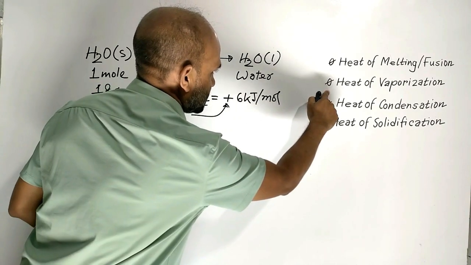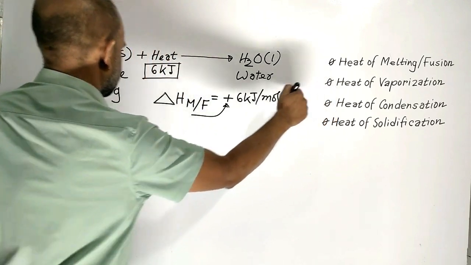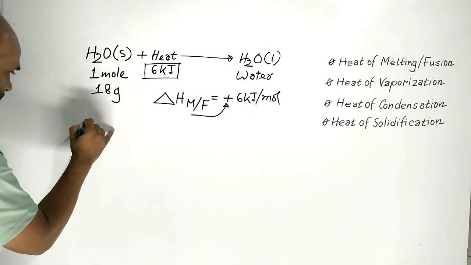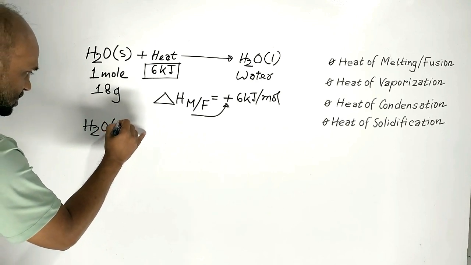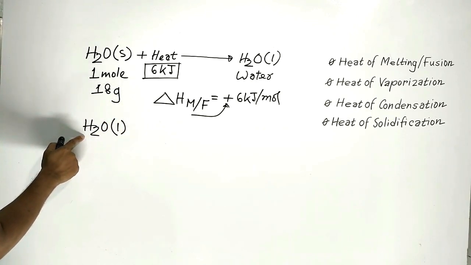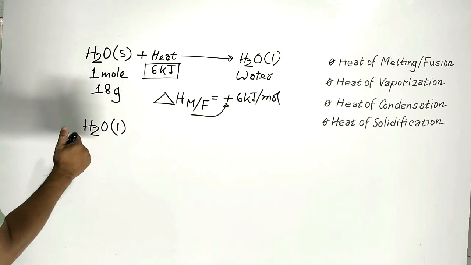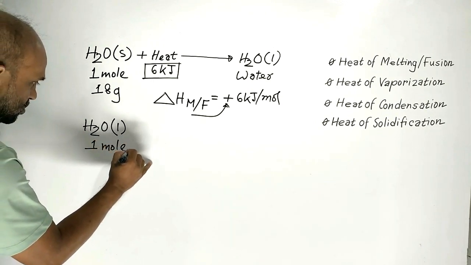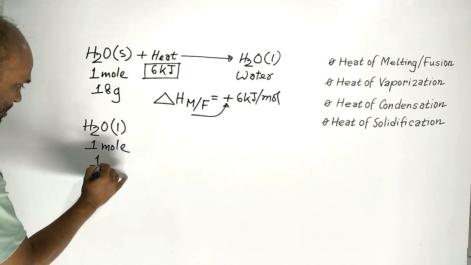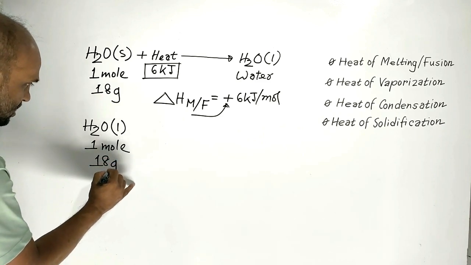Then, what is heat of vaporization? Heat of vaporization is applicable for liquid substance. Suppose liquid H2O, which is water. Here 1 mole is taken. 1 mole means 18 gram of water.